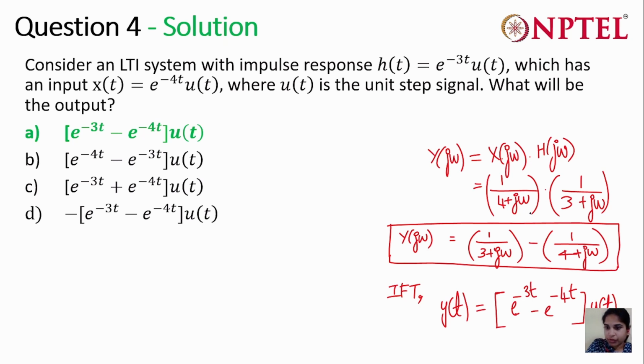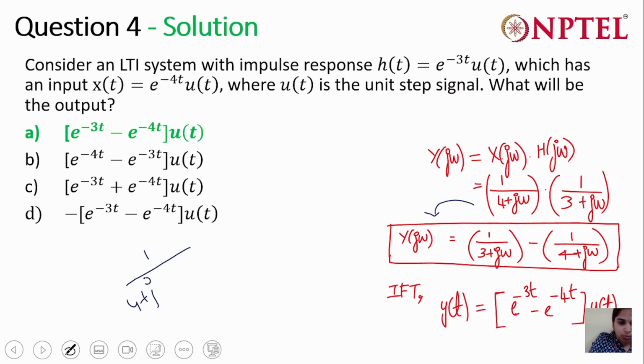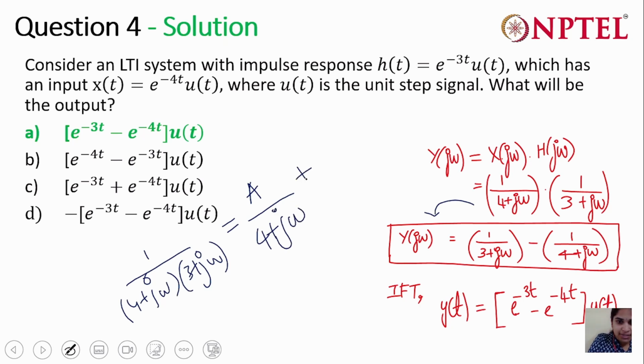Now, how can I write this? There is a way to do it. So 1 by 4 plus j omega into 3 plus j omega. This I should be able to write like some A by 4 plus j omega plus B by 3 plus j omega. So this product of two terms, we should be able to write like sum of two terms.